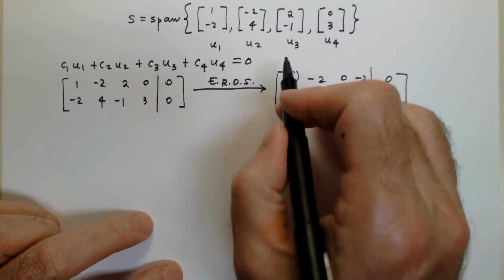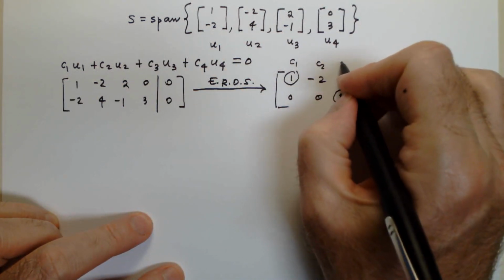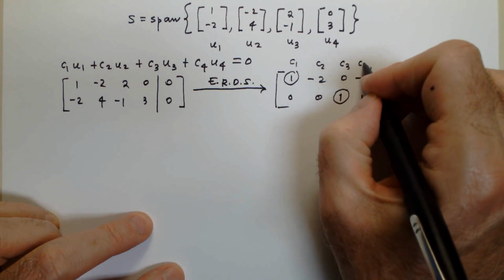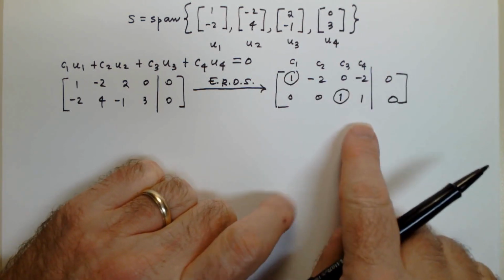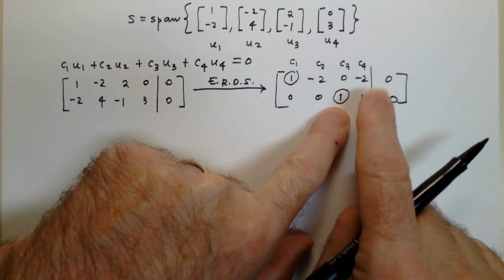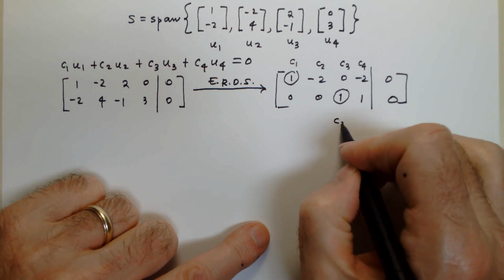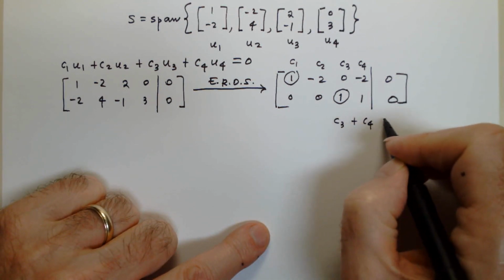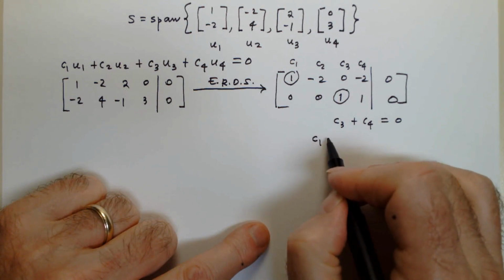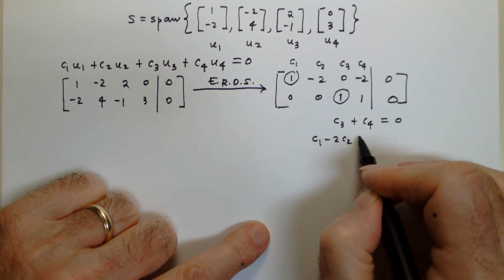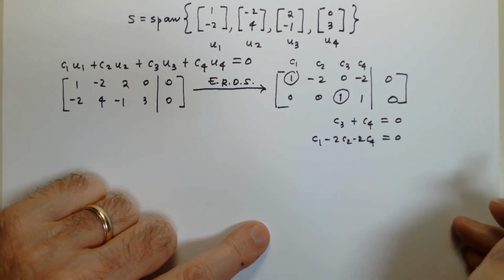Now let's remember that these columns correspond to these coefficients C1, C2, C3, and C4. So let's write out what these equations are telling us. The second equation is telling us that C3 plus C4 is equal to 0. And the first equation is telling us that C1 minus 2C2 minus 2C4 is equal to 0.